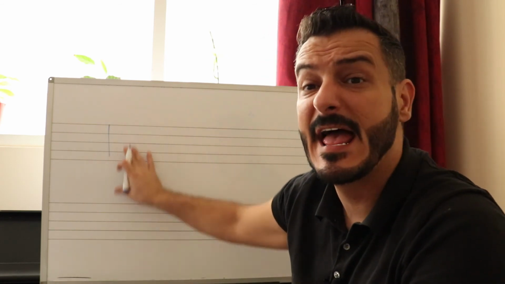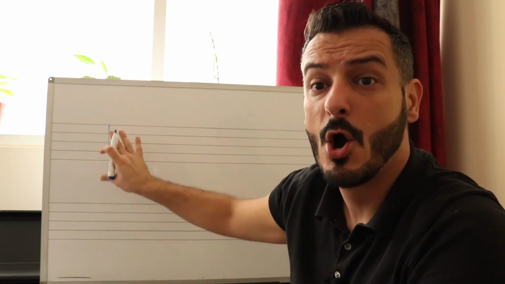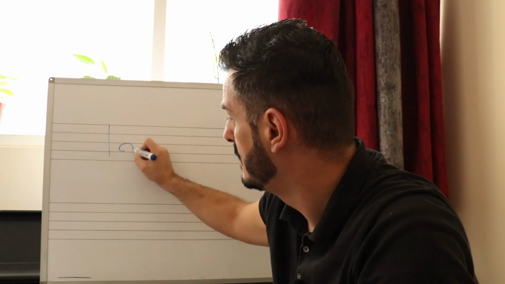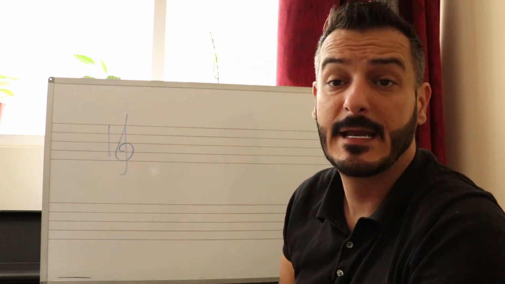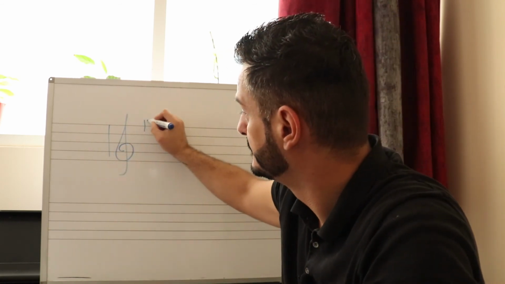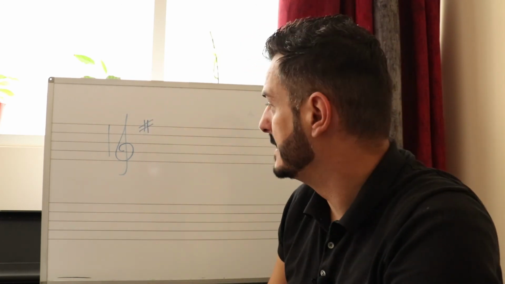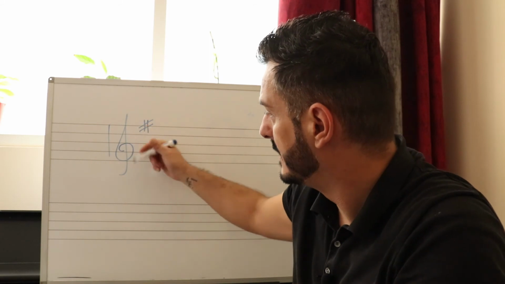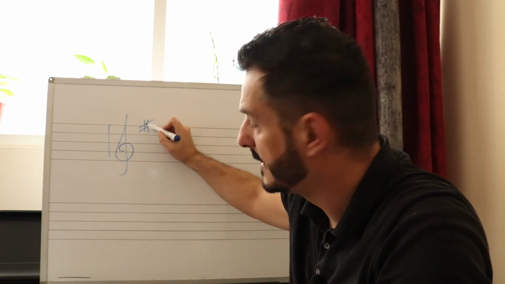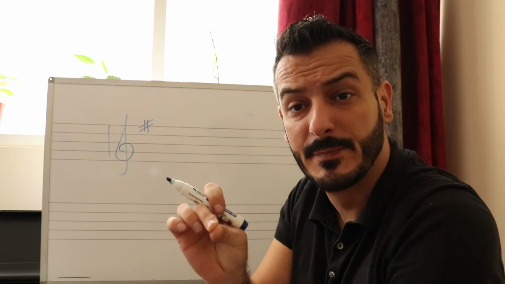So now let's talk about writing sharps and flats. They should be written at the beginning of the song, okay? So after the treble clef, we can have a symbol for a sharp. What does this actually mean? This symbol, this square over here, is exactly on the place of which note? Let's see.